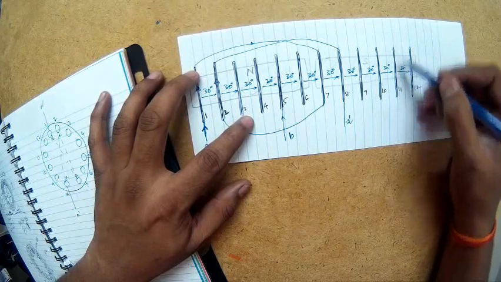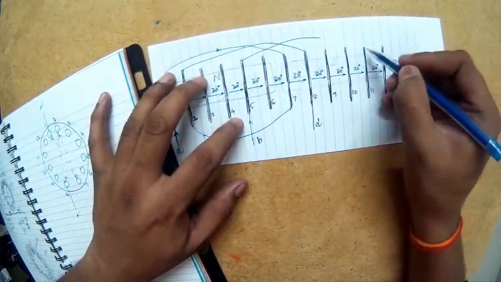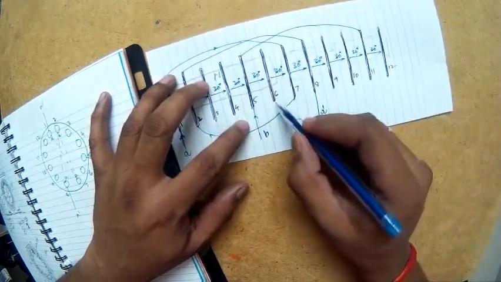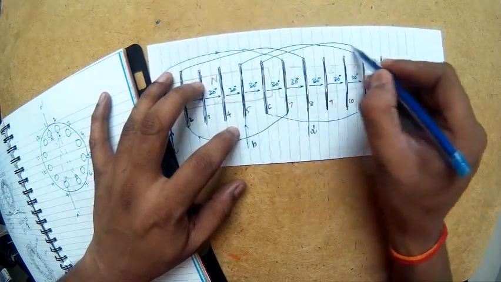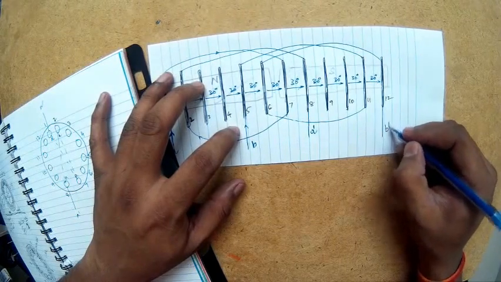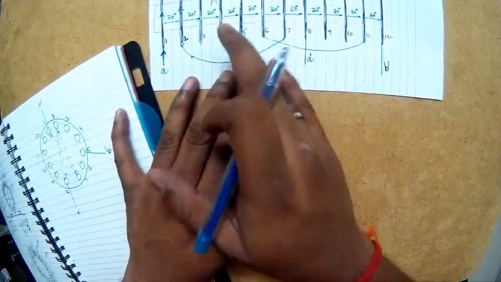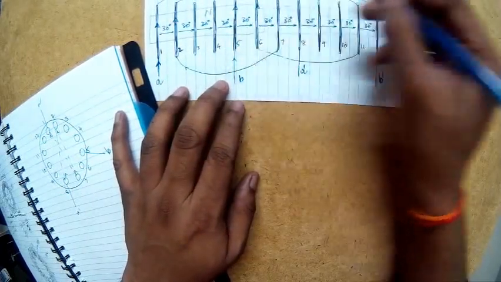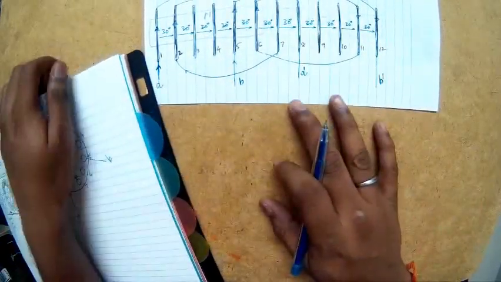So after 6 the conductor is number 11. So 5 connects to 11 and 11 connects back to 6. So let me draw it like this. 6 connects back to 12 and then 12 is the ending of the B phase winding. So I denote it as B dash. So 5, 6, 11 and 12 are the conductors taken up by the B phase winding, assuming that this is the positive direction of the current.